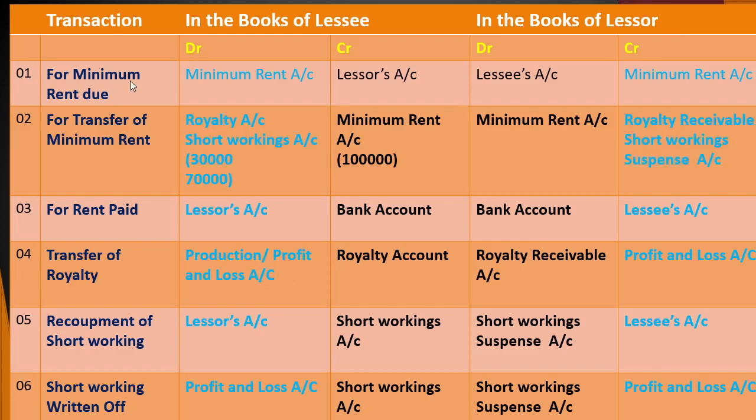So first one, minimum rent due. The first transaction, the minimum rent will become due at the end of year. Every year at the end, minimum rent is due and payment is not made. So for this minimum rent due, we have an entry, minimum rent account debits to lessor's account.